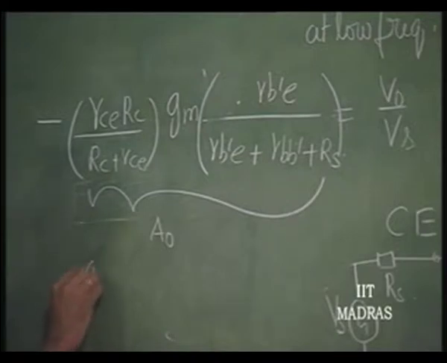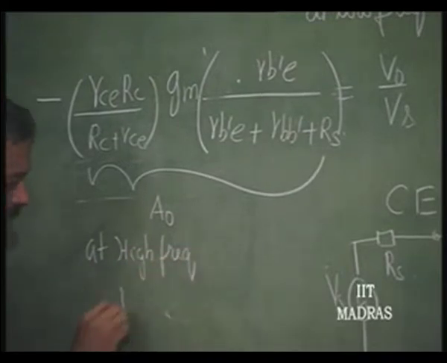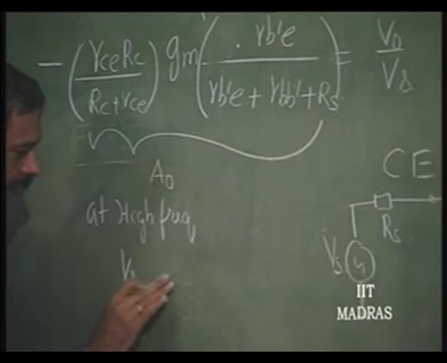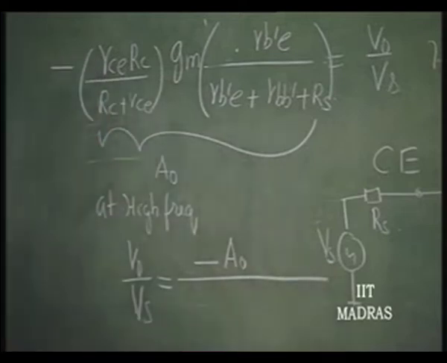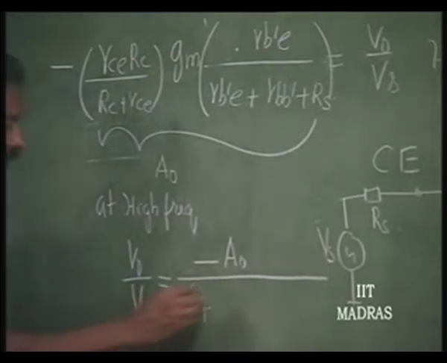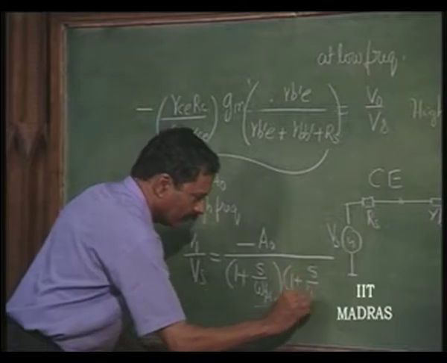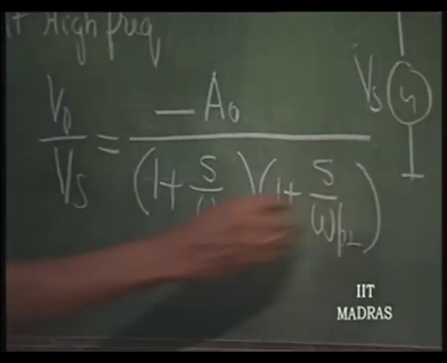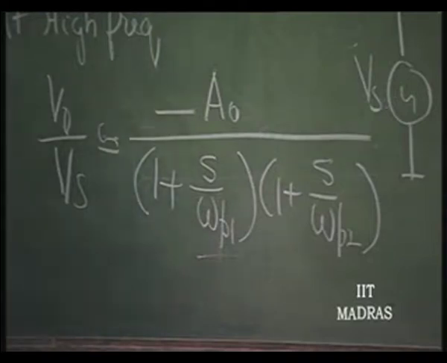So, at high frequencies V naught over Vs becomes minus A naught divided by, let us see, (1 plus S by omega P1)(1 plus S by omega P2), approximately. This we discussed in the last class, how it becomes.